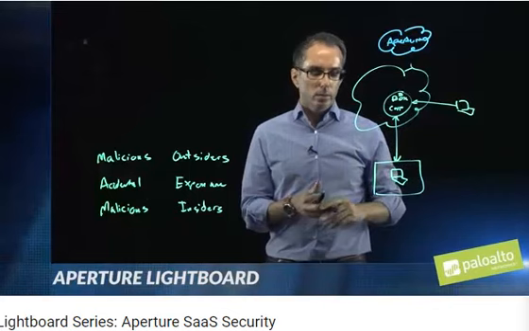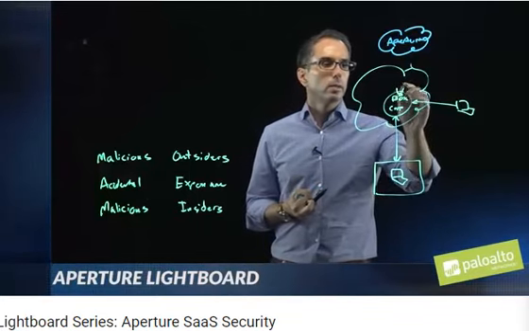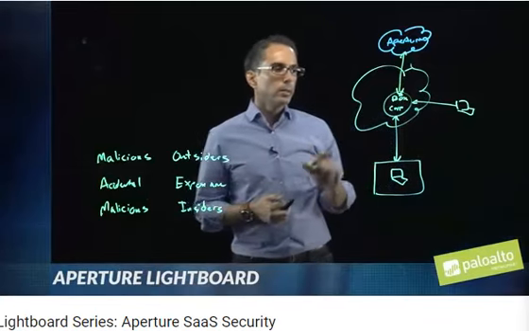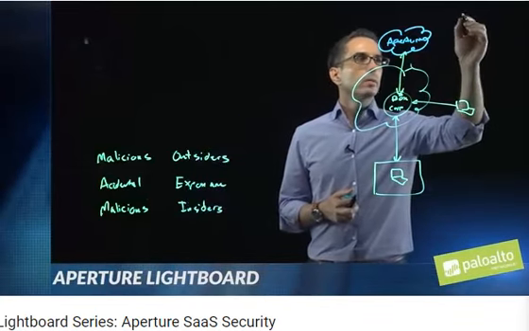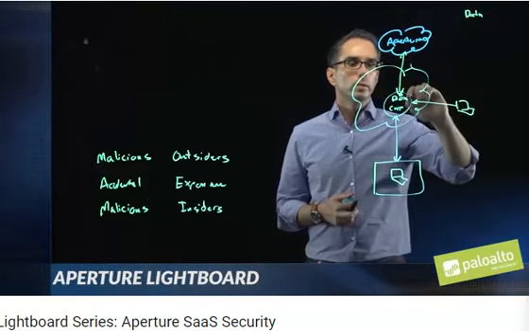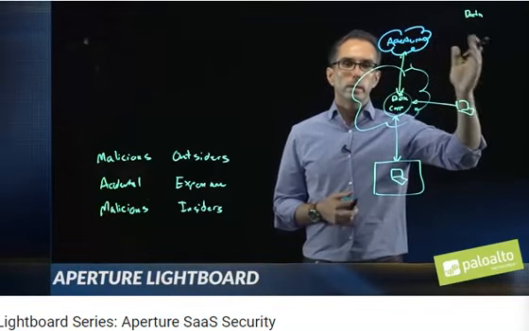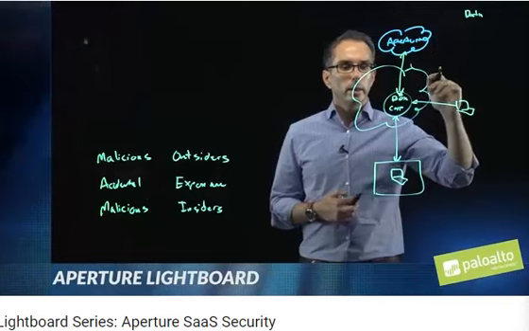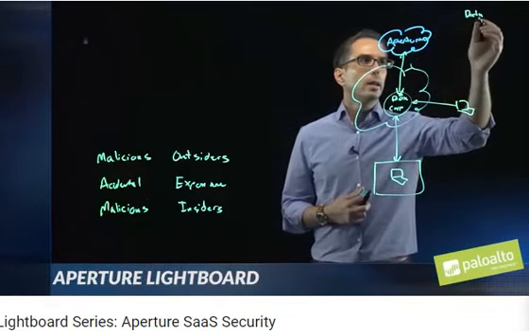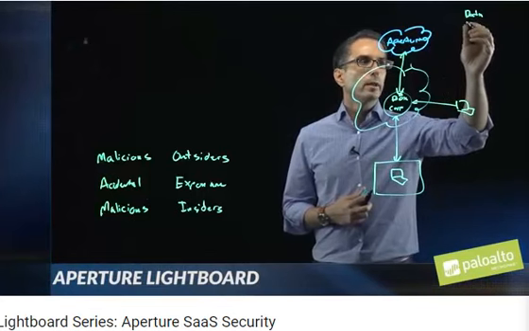Aperture connects directly to the SaaS service. And when it does that, it looks for a number of things. First, it looks for the data in the service. Is there sensitive data that's being shared? The credit card numbers, personal information, things like that. And it looks at it in a very fine way.